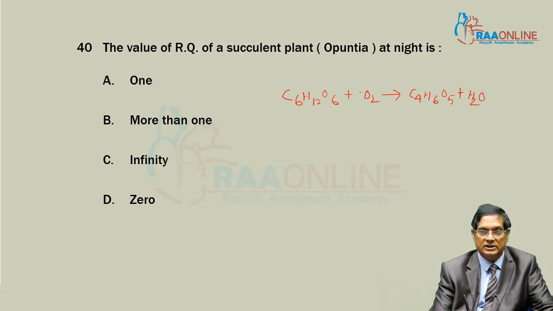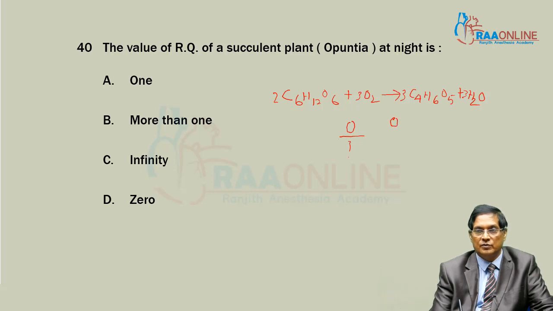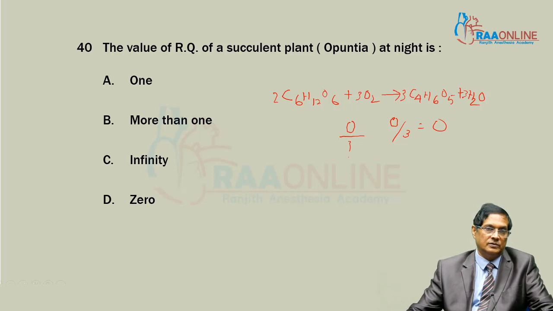CO2 does not release. There is no carbon dioxide, and oxygen is there. We can add 3 here, 2 here, this is 3 and this is 3. The equation is balanced. So 0 by 3, in that case the value is 0.